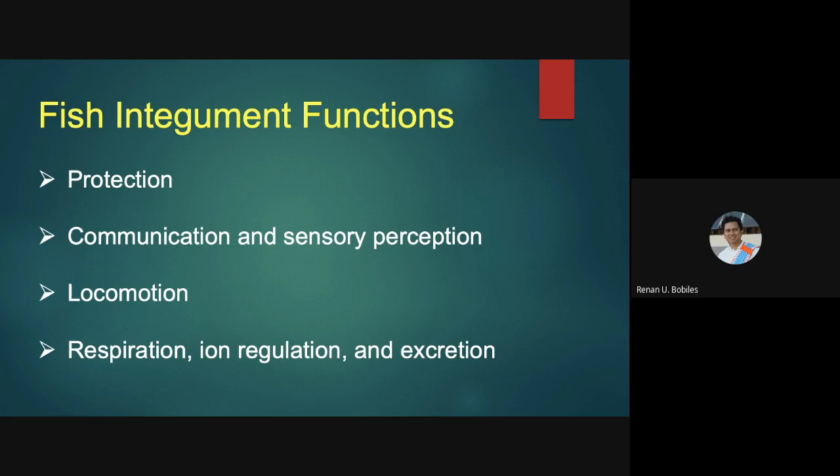Yes. Similar to other vertebrates, the skin of the fish provides an avenue for excretion of waste. Okay? The fish integument separates and protects the fish from its environment. It also provides means through which contact with the environment is made.